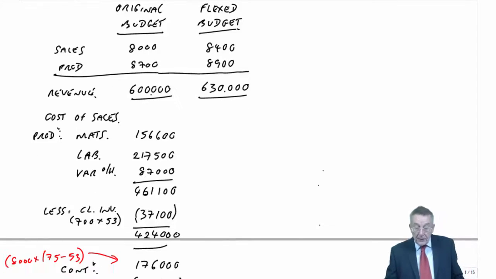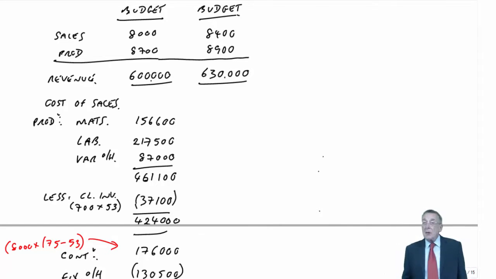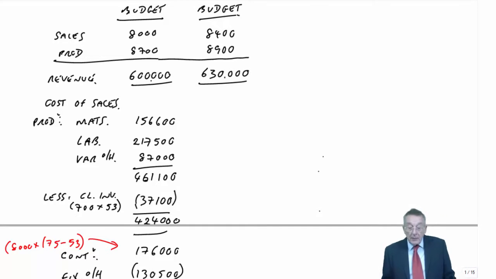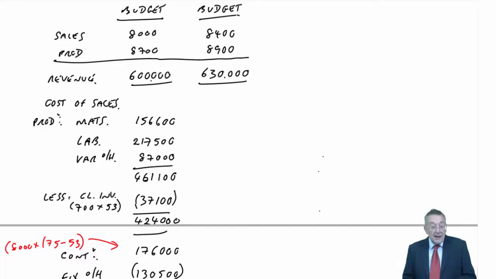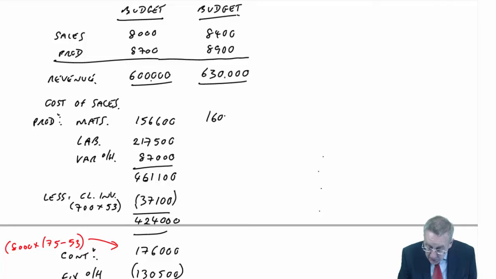What about the cost of those 8,400? Well, again, we'll look at the cost of production less any closing inventory. So we produce 8,900. Materials, we would therefore have expected to spend 8,900 at $18 a unit is 160,200.